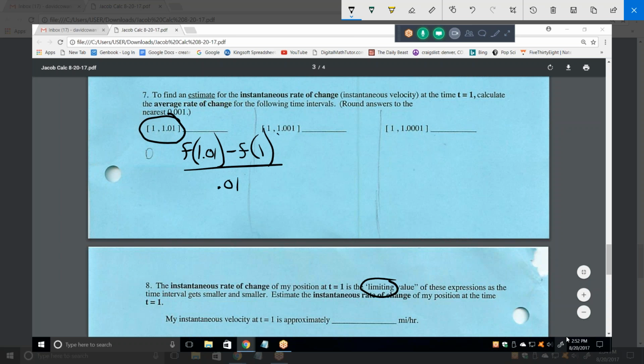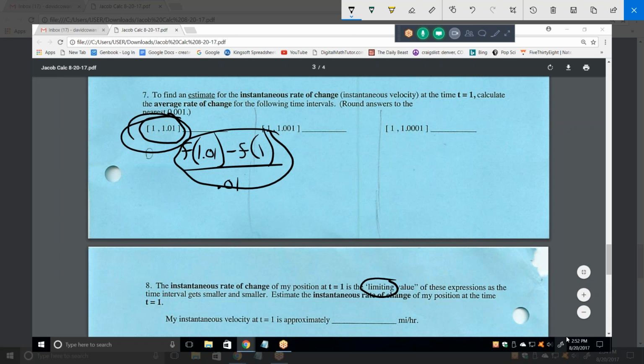And then you could calculate that number, right? Because you have the function. You can figure out what f of 1.01 is. You can figure out what f of 1 is. And you can divide the whole thing by 0.01. That's your average rate of change between those two times.